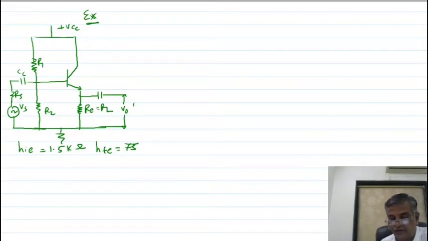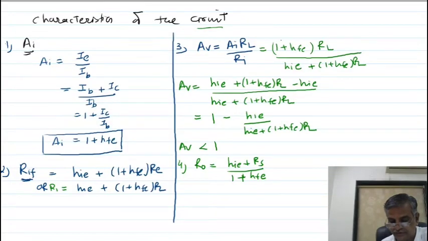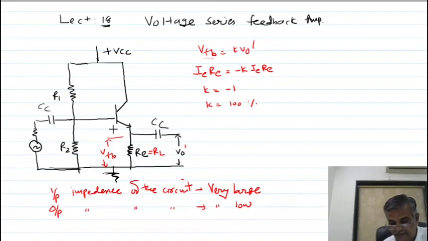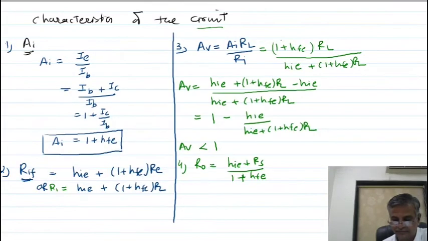Let me tell you again. Voltage at the emitter follows the input voltage. Therefore, it is called an emitter follower circuit. This gain is slightly less than 1, meaning 0.95, 0.96, 0.97, like so.